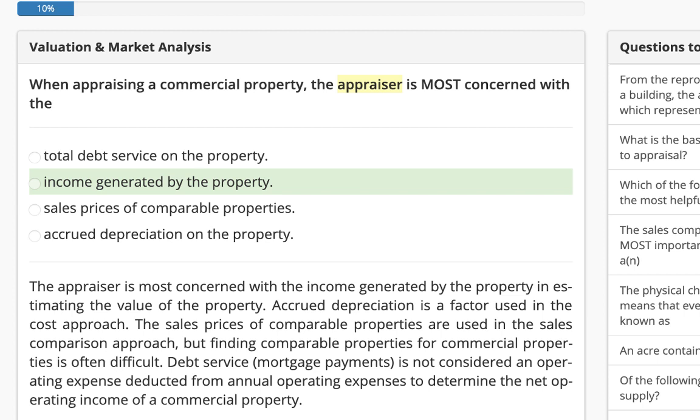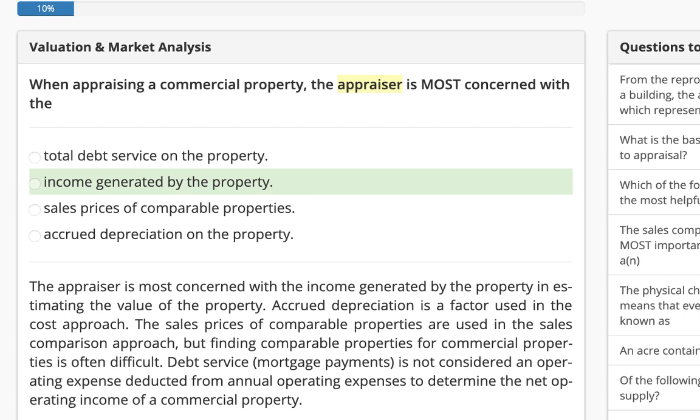Anytime you're talking about commercial leases, not anytime, but most of the time, you're going to be pretty concerned with their income. And the kicker on a question like this is that none of the rest of the answers apply to commercial properties, right?